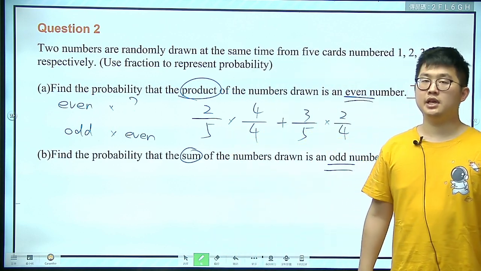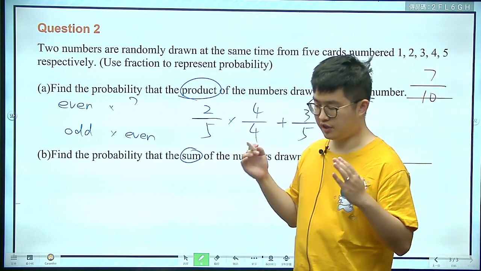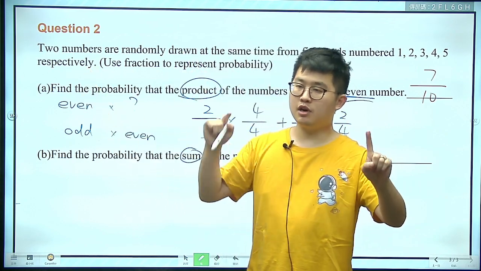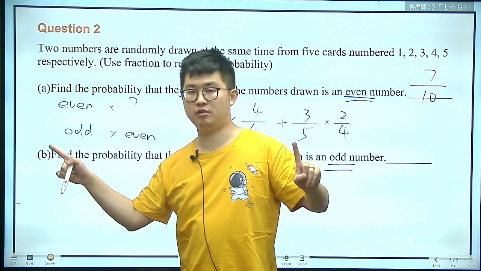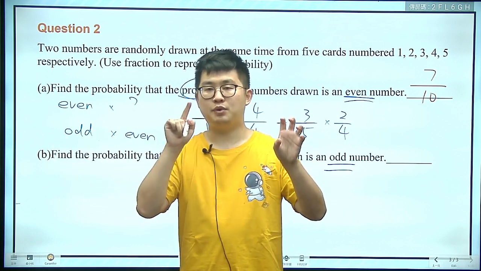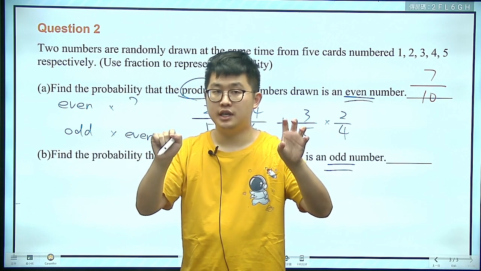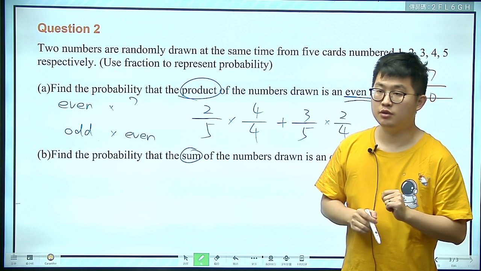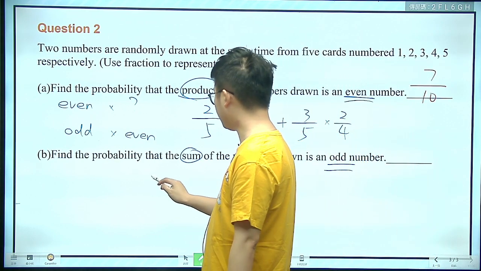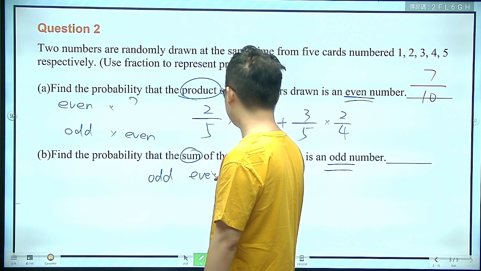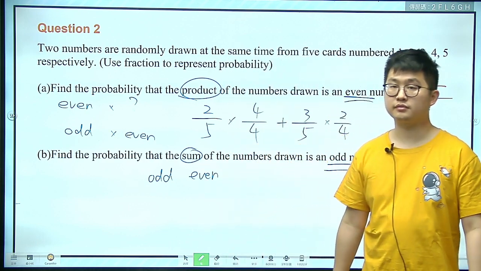Now, the second question, we need to find the probability that the sum is an odd number. Think through this. An odd number plus an odd number gets an even number. An even number plus an even number gets an even number. So only when an even number is added to an odd number can the sum be odd, right? So we must draw one odd number and one even number.